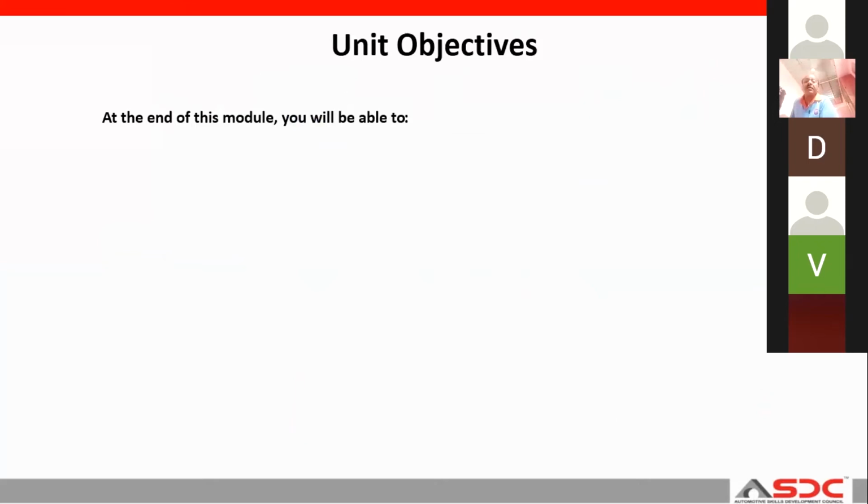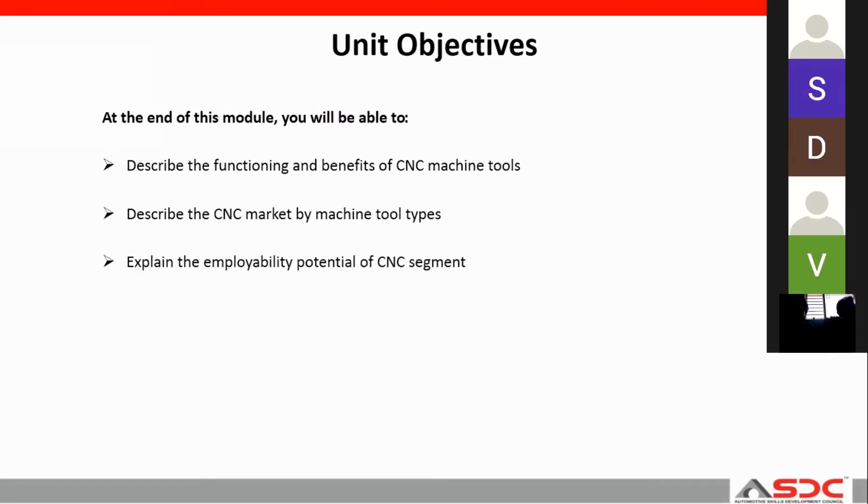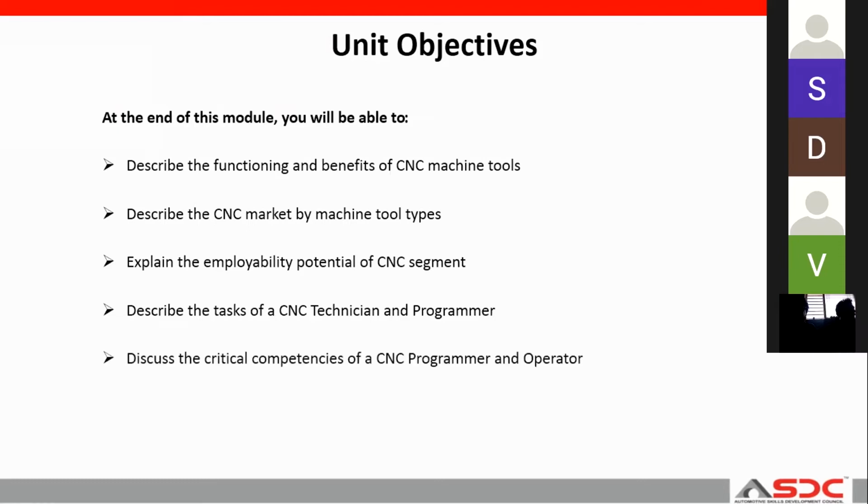I want to mention this thing: start every session with your objectives. What's the objective of this session? What will the participants gain after the completion of this module? With this session, the participants will be able to describe the functioning and benefits of CNC machine tools, CNC market by CNC machine types, explain the employability potential of CNC segment in the market, describe the task of a CNC technician and programmer, the competency they must have, and then discuss the critical competencies.